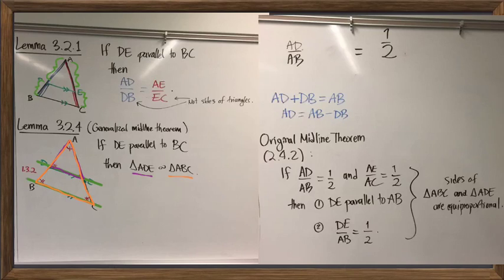And crucially, there's also a converse to lemma of 3.2.1, which we later on call by the name of lemma 3.3.6. But I don't believe that we need the intervening material in order to prove 3.3.6. 3.3.6 just says that this is in fact an if and only if statement.